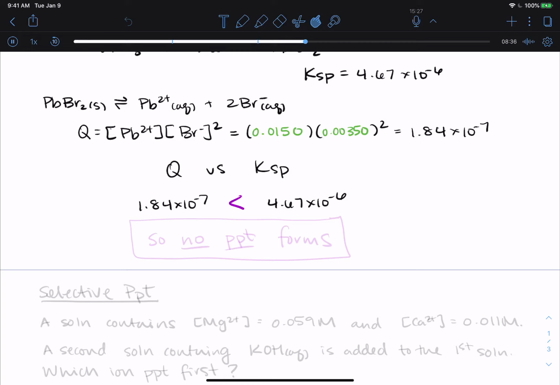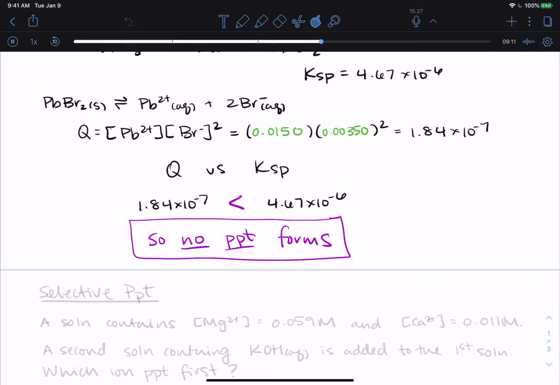I put ions together that formed an insoluble salt, but the concentration was not high enough. My Q value was not big enough for this equilibrium to move to the left. So no precipitate forms. So that's our answer. Unfortunately, we don't get a precipitate out of this solution.